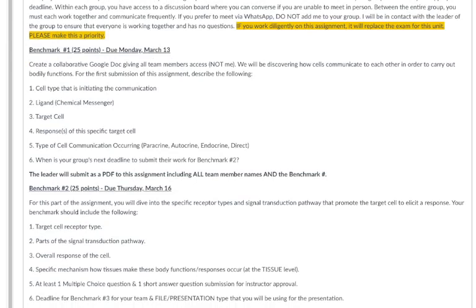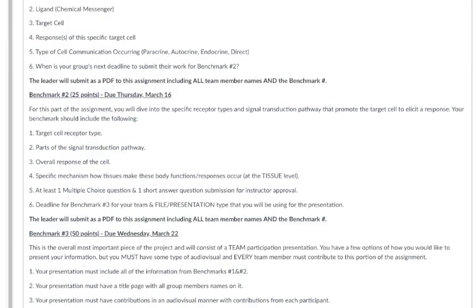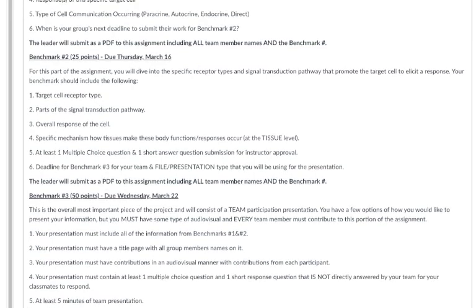Please read the following benchmarks, where there are certain things that you need to consider before submitting each benchmark. And consider this: the leader will submit every benchmark as a PDF to the assignment, including all team members' names and the benchmark number that you are submitting for. Please put the benchmark number within the title so it's easier to view.